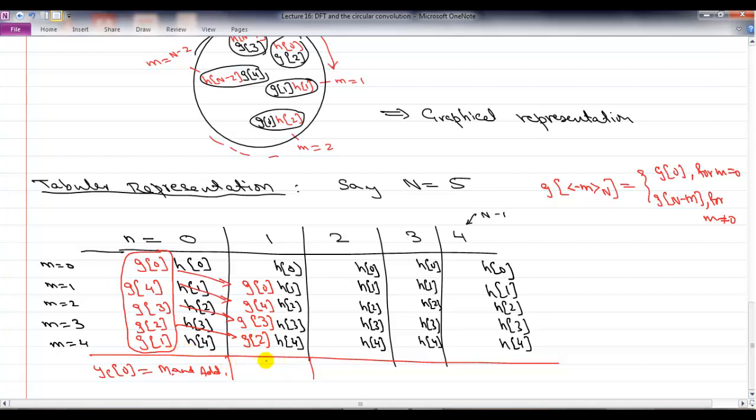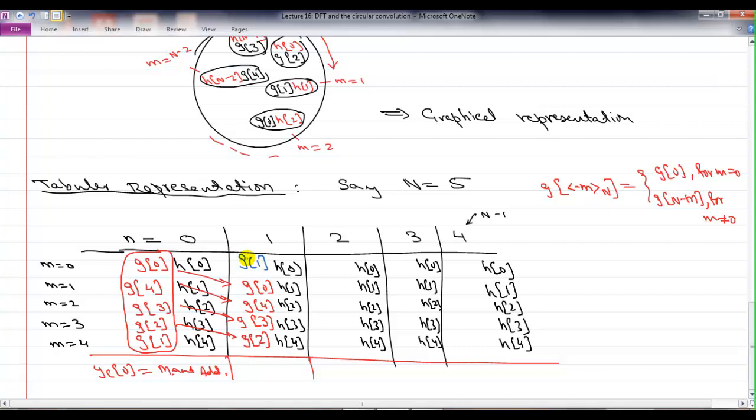So what do we do? We put it back at the top for m equal to 0. So G1, which was previously at m equal to n minus 1, goes back to m equal to 0, and that completes our circular shift. So we have g of 1 in the first row.